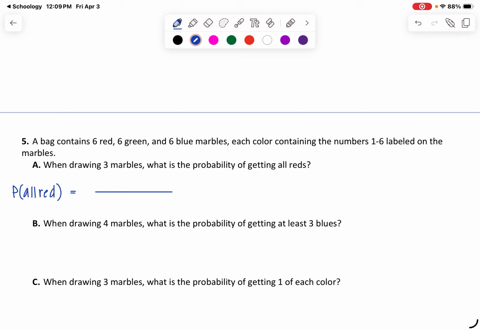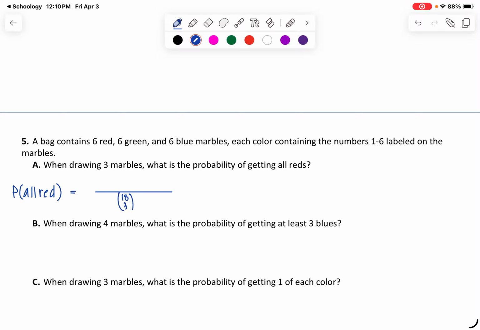Okay, so for my denominator, I'm talking about all possible outcomes. So there's 18 marbles and I am choosing 3. So that's going to be all possible outcomes. Now you also have to remember that we're using combinations here because the order does not matter. So you might be saying, isn't there a way where I can do 6 over 18 times...? I like what you're thinking there, but that is permutations.